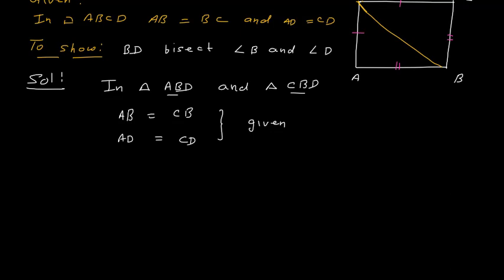Okay. Also your side BD is equals to BD. This is common side. Therefore our triangle ABD is congruent to triangle CBD. ABD is congruent to CBD. Here it is side criteria. SSS criteria.